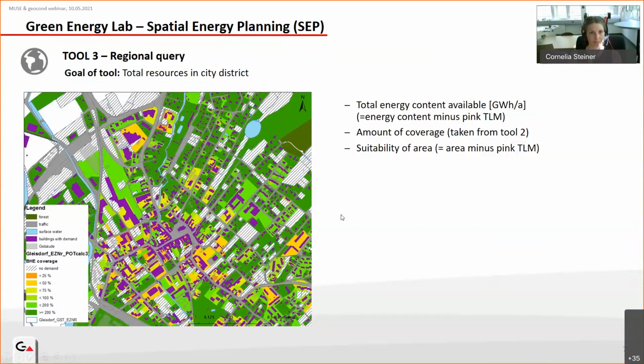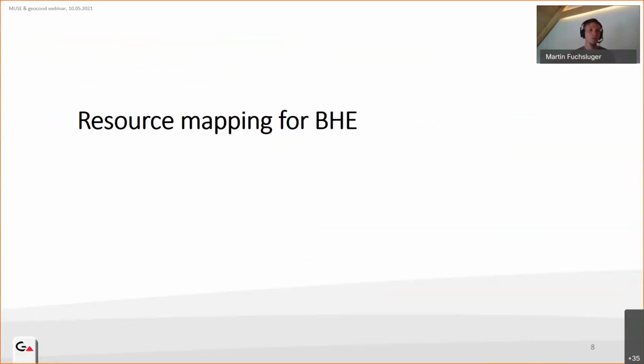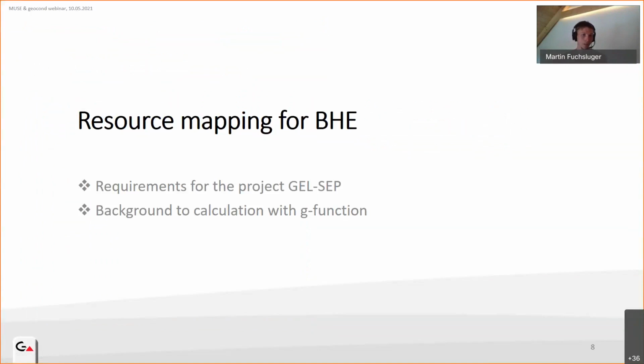Yes, thank you, Cornelia. This was the overview of the project GEL-SEP. Now I will show you how we calculated the maps and the location query information. At first we look again at the requirements for the project, what is asked. Then I will show you the background to the calculation with the G-functions.